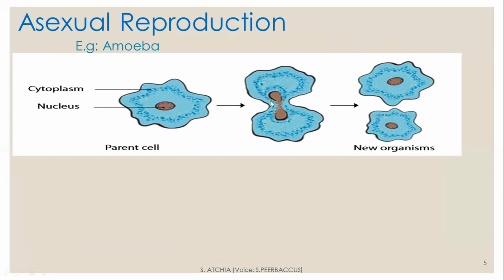It begins by duplicating its nucleus, that is, the nucleus makes an exact copy of itself, resulting in two nuclei in the cell. The cell will then divide to give two cells having the same genetic material and sharing same physical characteristics.